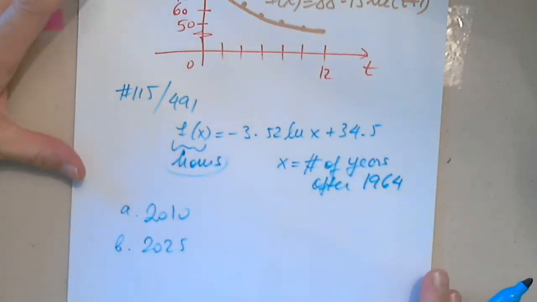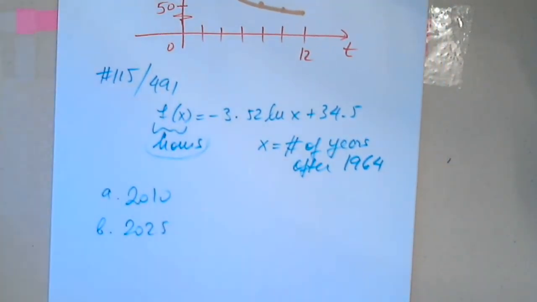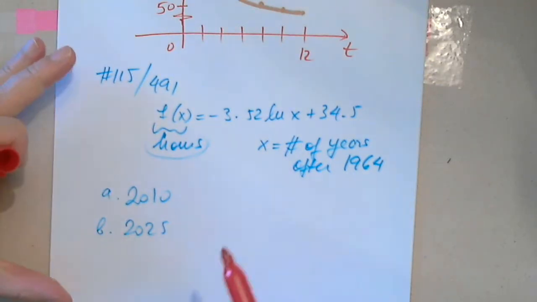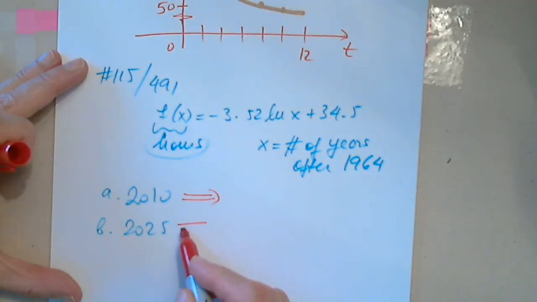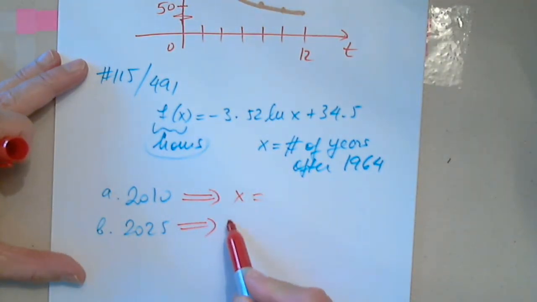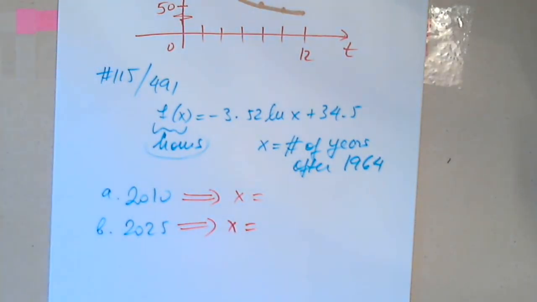Okay, so any suggestions of how to proceed? What does 2010 represent and what does 2025 represent?